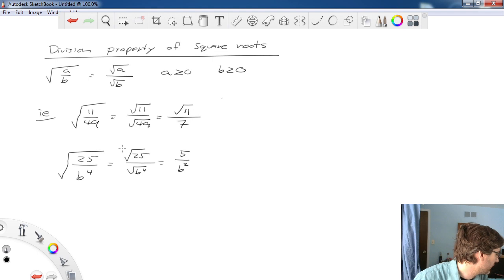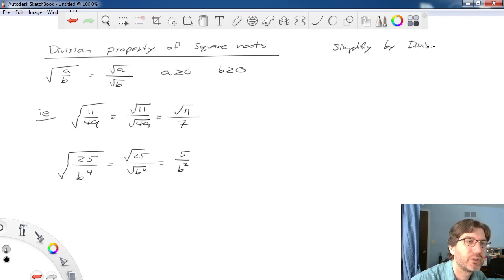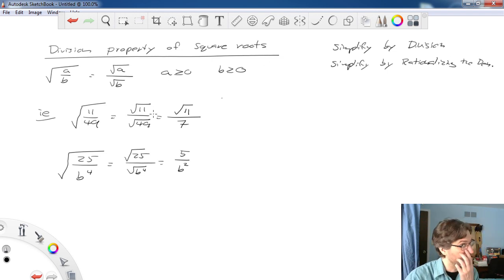The other way that your book's going to tell you how to do it, there are 2 other ways. How do they call it here? Simplifying radicals by division. So here we're going to get into simplify by division and simplify by rationalizing the denominator, which actually really isn't too difficult.